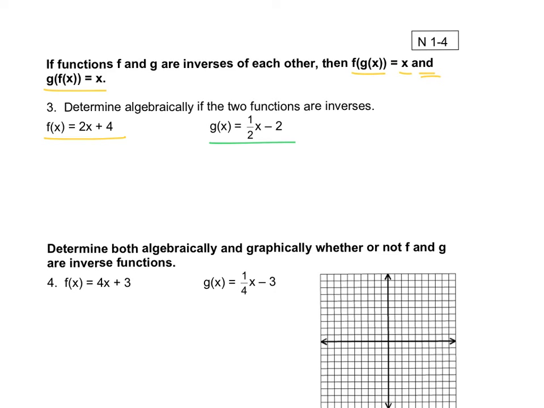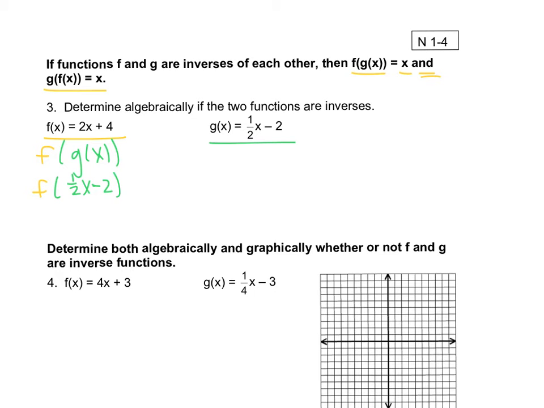So I'm going to start out with f of g of x. Remember, the inside is your input. So I'm going to rewrite that as f, and I know my g is 1/2 x minus 2.